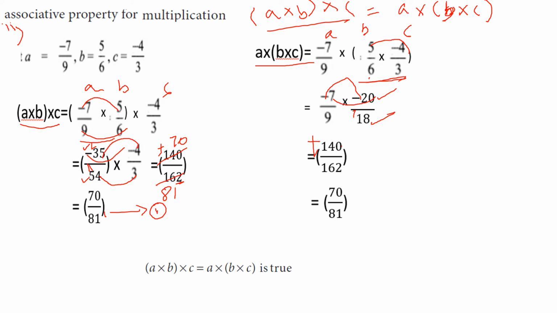Here also cancel with the 2 table. 7 2s are 14. 8 2s are 16, 1 2 is 2. So 70 by 81. This is the RHS answer. Put it as 2. Therefore 1 equals 2. Therefore the associative property for multiplication is true for rational numbers.